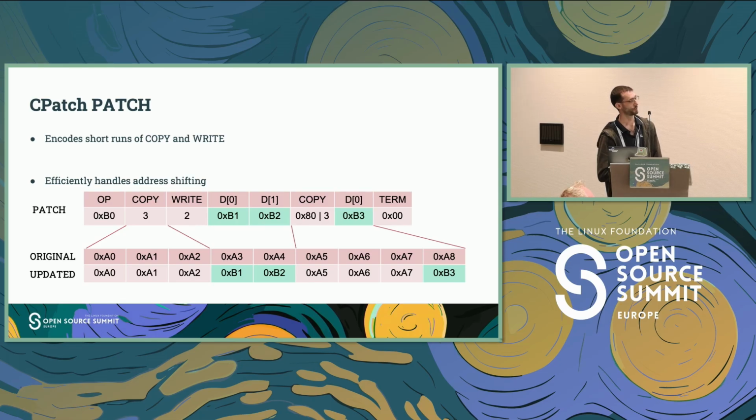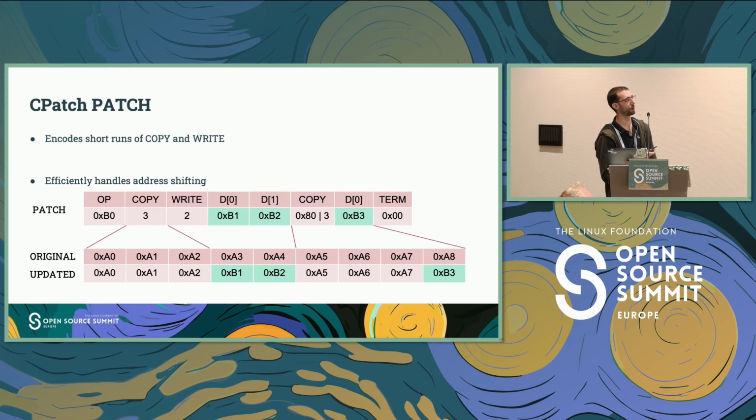So we have a patch instruction which, instead of requiring an opcode for every single little piece of this, it's implicit that the patch instruction is encoding a run of different instructions, and you can find the end of that by a terminating byte at the end.